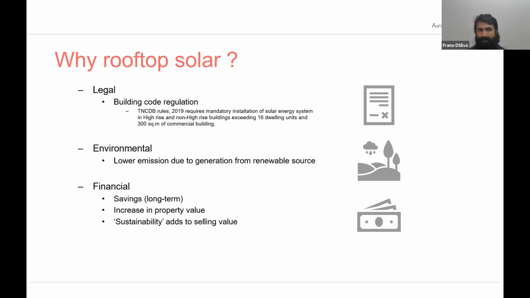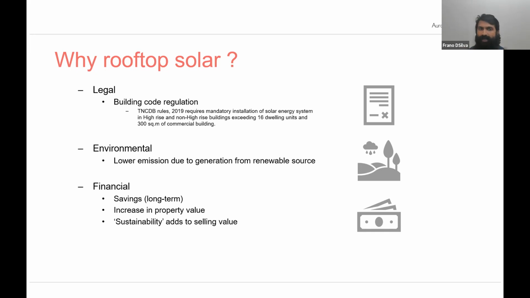The TNCDB rules say that it requires installation of solar energy systems in high-rise and non-high-rise buildings exceeding 16 dwelling units and 300 square meters of commercial building. This would mean that a commercial building would need to have 1/3 of their rooftop area installed with solar energy systems.